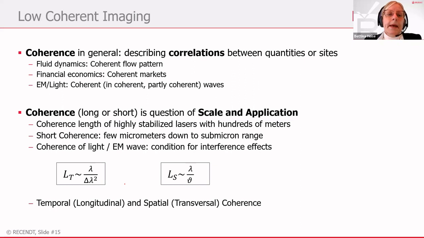Coherence is not restricted to optics. We have it in fluid dynamics, where we speak of coherent flow patterns, or in financial economy, where we say coherent markets. But more or less, coherence describes correlations.